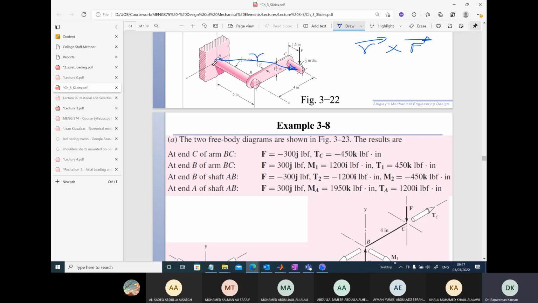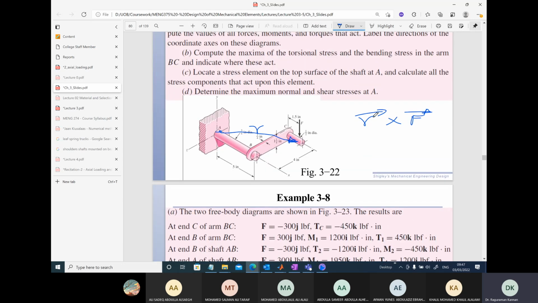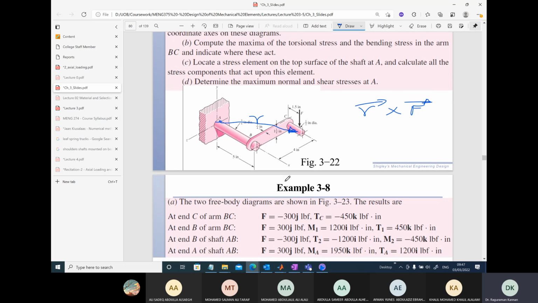If you use the vector format, you will not miss anything. However, if you try to do it manually, you may miss some moments or torque values acting at point A, etc. So we need to be careful here.